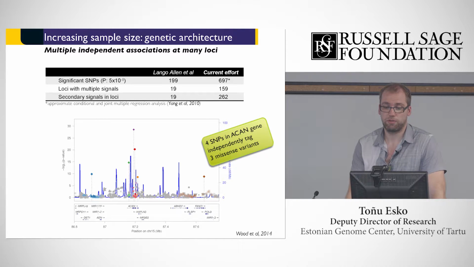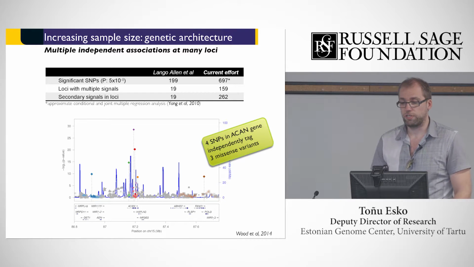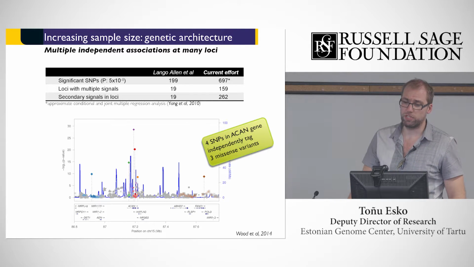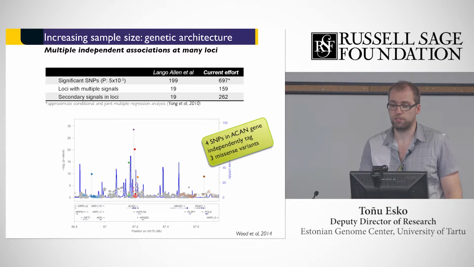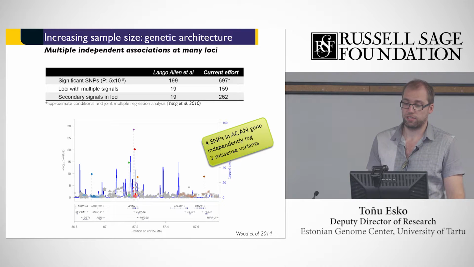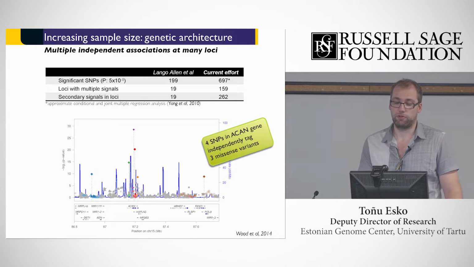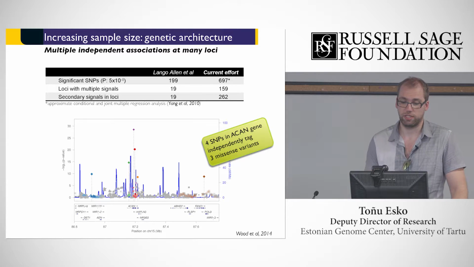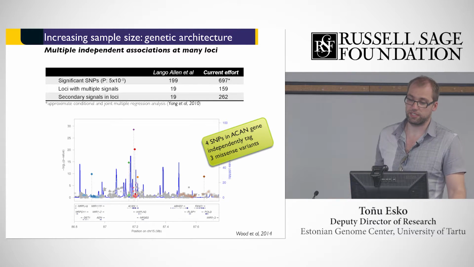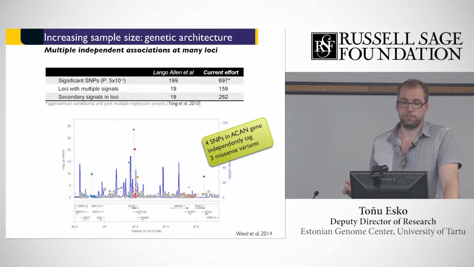There is just one example from this recent height paper, where I was very closely involved. As I mentioned, we had almost 700 genome-wide significant signals, defined as the distance between the different SNPs being at least, I think, half a megabase. But then if we do this multiple regression, trying to find independent signals, we actually found that roughly a quarter of our loci have several signals within them, and there are in total 260 or more secondary signals in our loci.